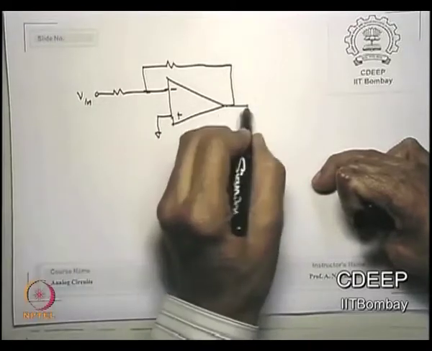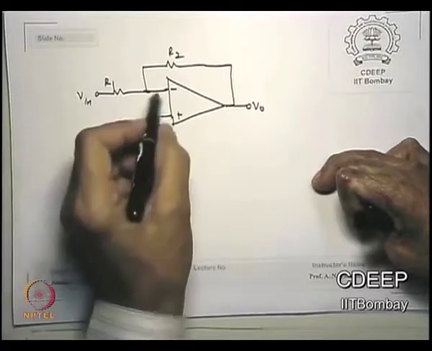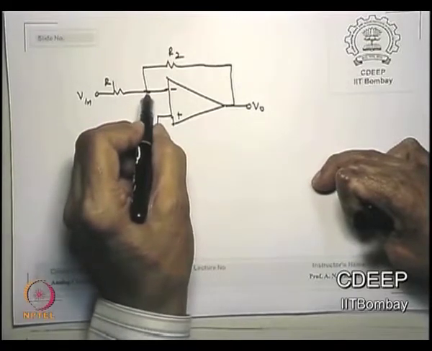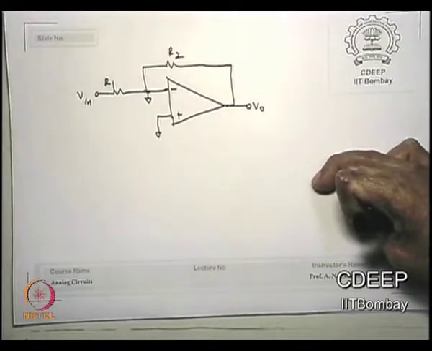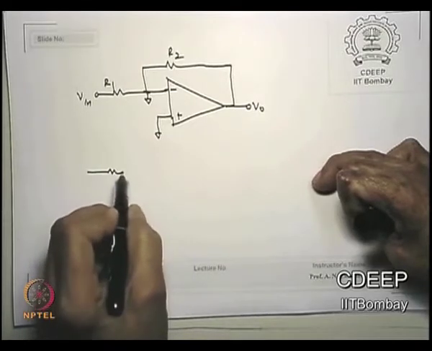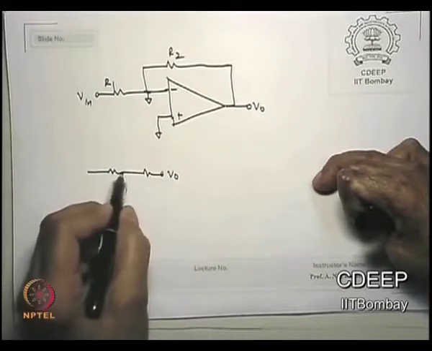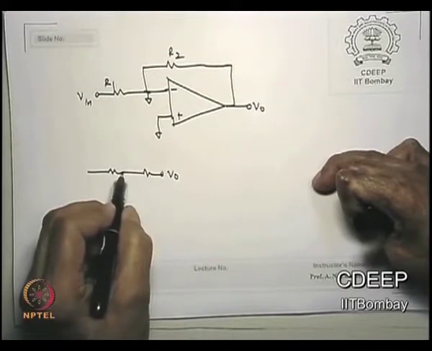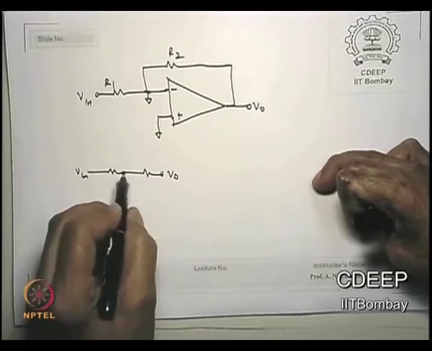If this is your Vn and this is your V0, if you say this is at ground potential and actually show me like this, तो इसका मतलब तो ये हो गया, ये टर्मिनल कहाँ गया, ग्राउंड, ये Vin तो अभी आपको यहाँ मिला ही नहीं, is that clear to you?